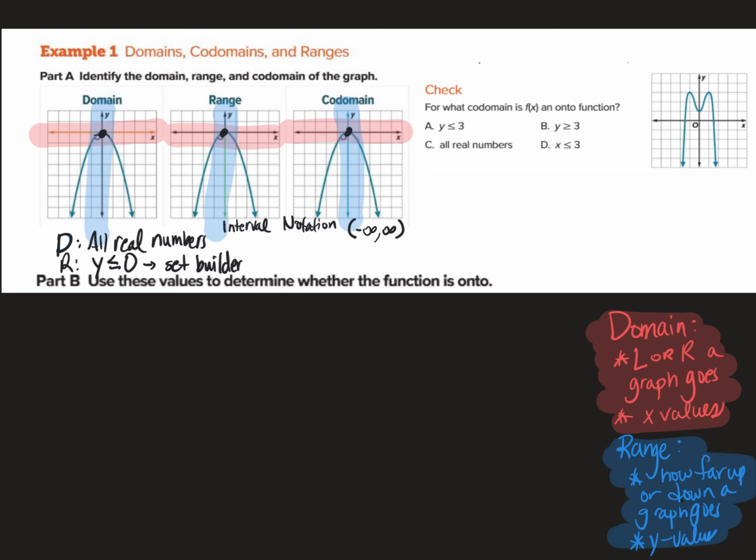This is what it looks like. You use a brace, y such that y is less than or equal to 0. In interval notation, that would be from negative infinity to 0 with a bracket.